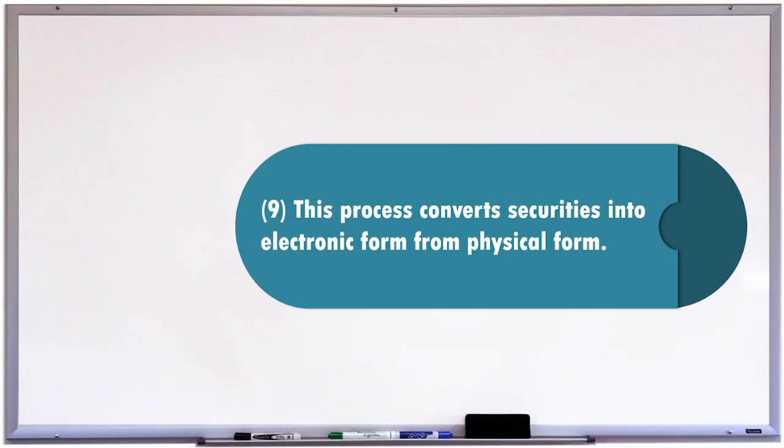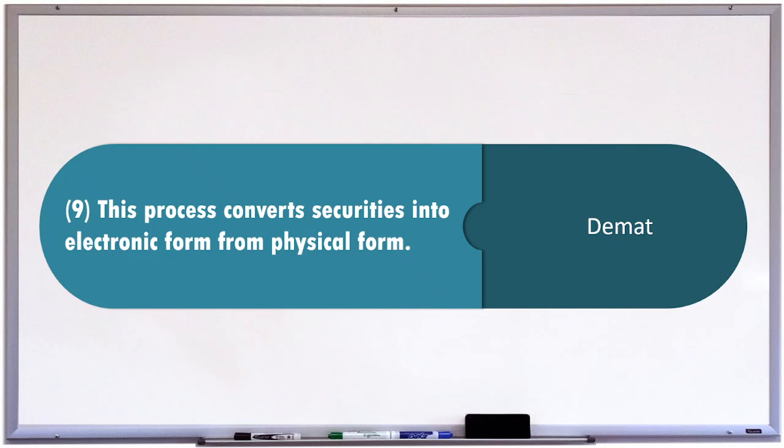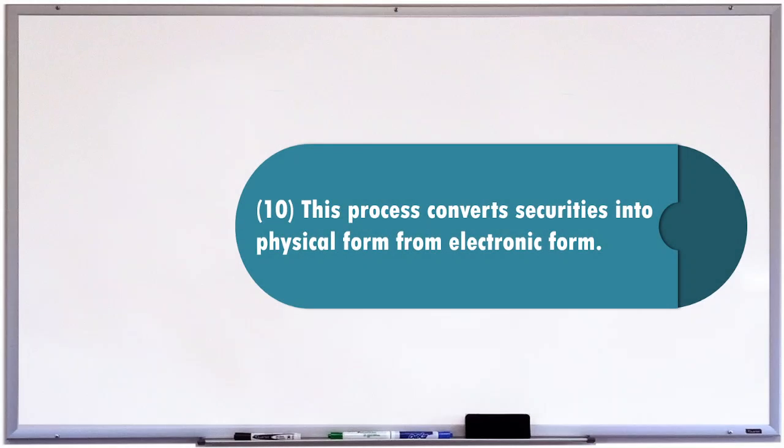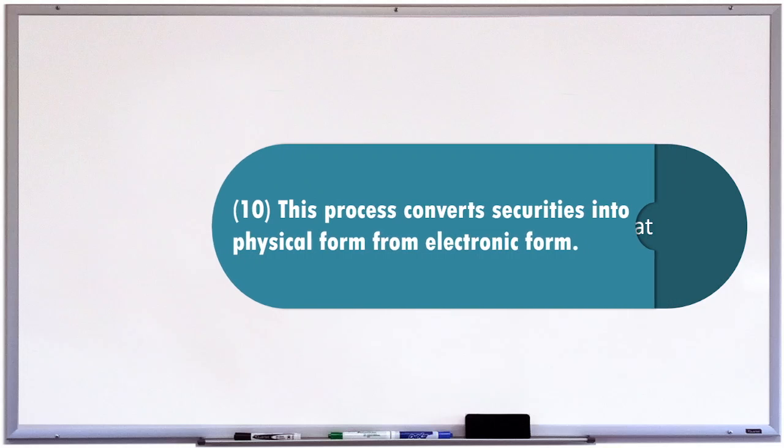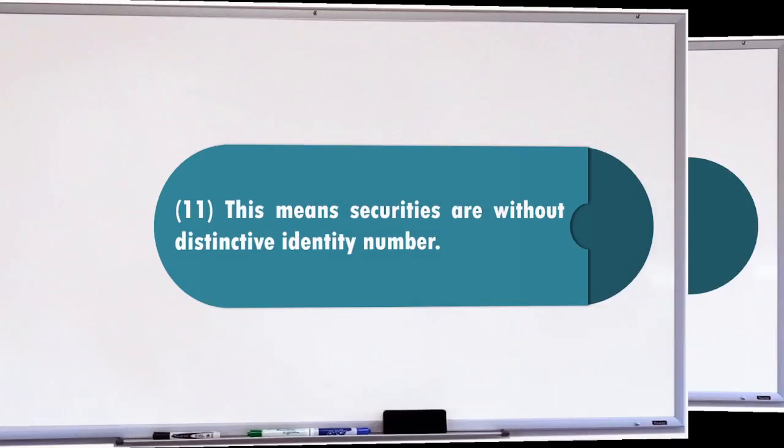9. This process converts securities into electronic form from physical form. And the answer is demat. 10. This process converts securities into physical form from electronic form. And the answer is remat. 11.